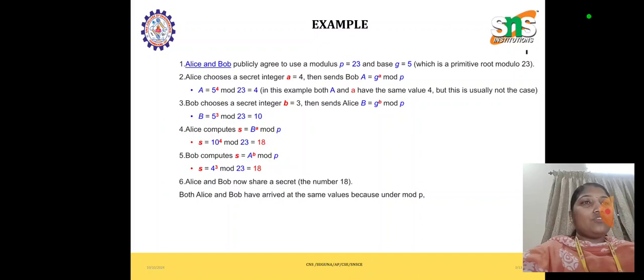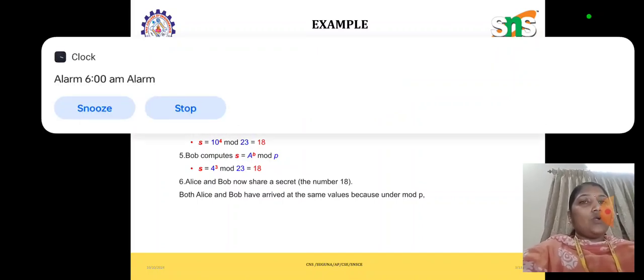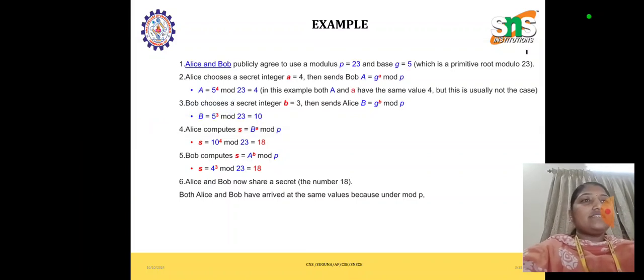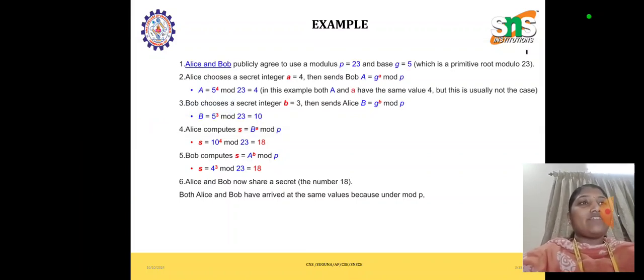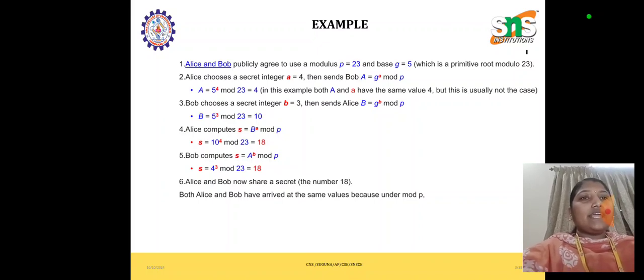So with the help of the other's public key, both Alice and Bob can now compute the shared secret key using their own private keys and the other party's public key. Alice can calculate the shared secret key using the formula B power A mod P, where B is the public key of Bob and A is the private key of Alice.